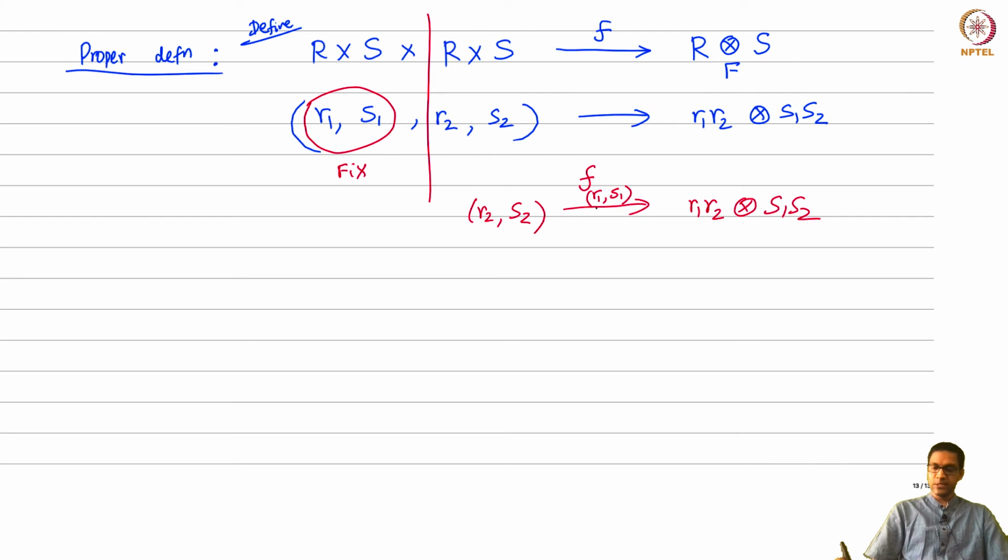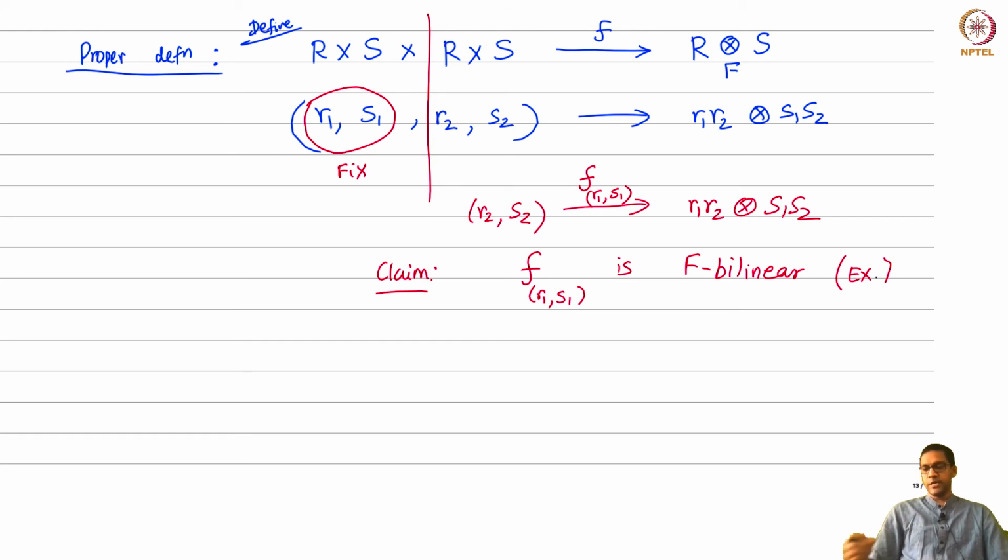The first claim is that this map is in fact F bilinear. So F sub R1 S1 is an F bilinear map. Again, check as an exercise: just change R2 and S2 and see what happens to the answer.